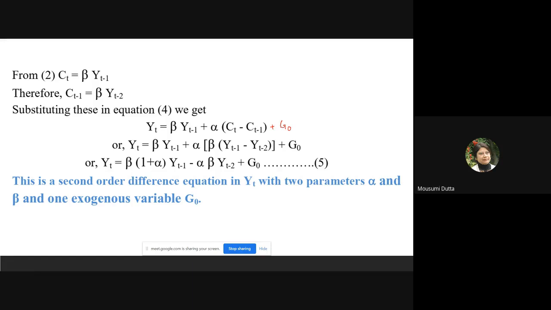Yt is equal to beta Yt minus 1, that is the Ct part. Then in place of alpha into Ct minus 1, I am putting these values: beta into Yt minus 1 minus Yt minus 2, plus g naught. If anyone has any question or problem regarding this step, please ask.